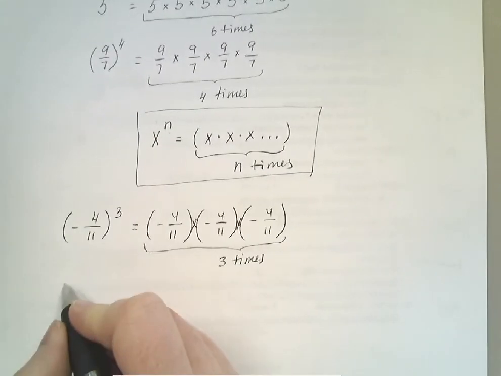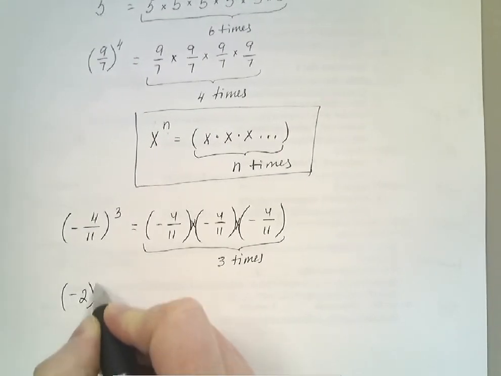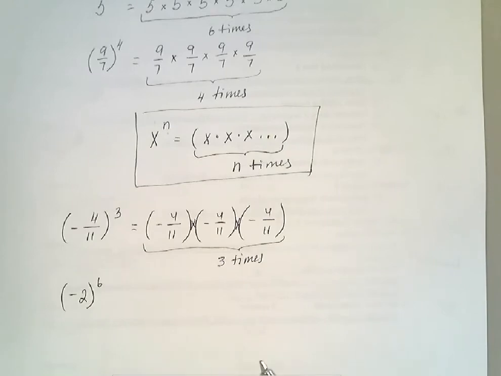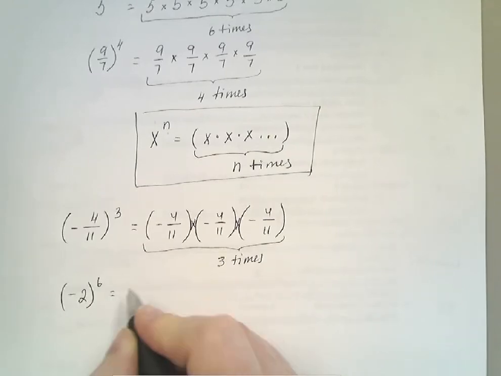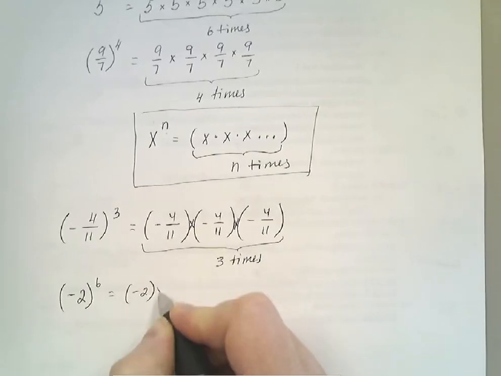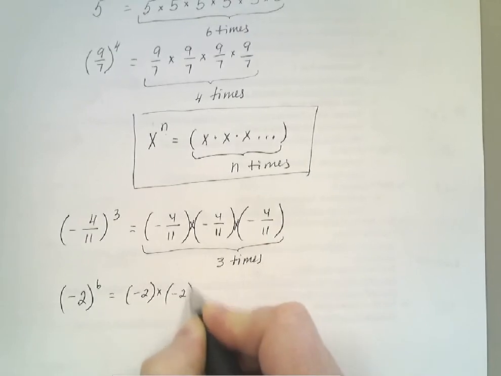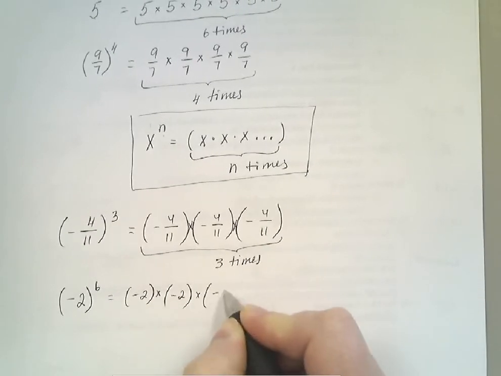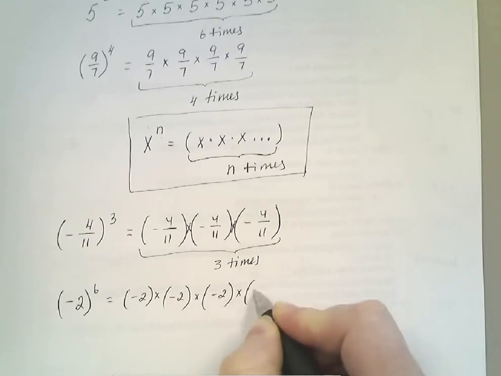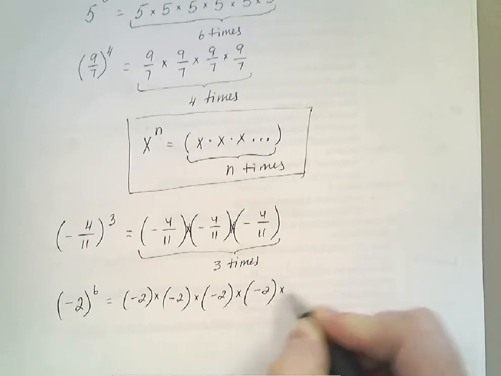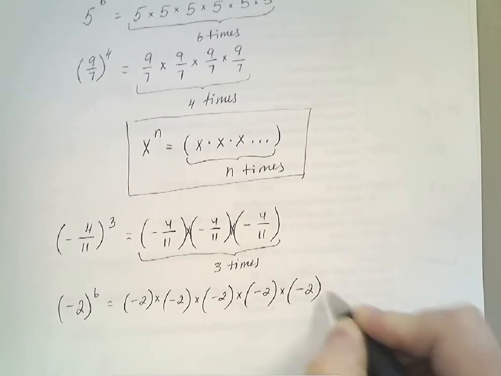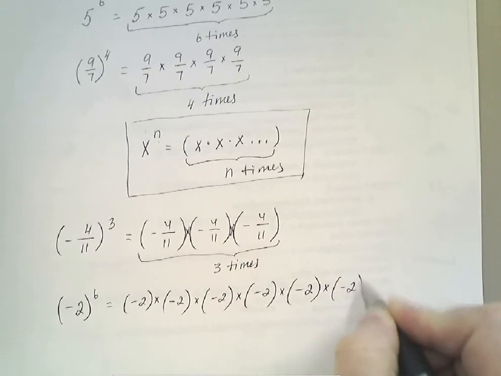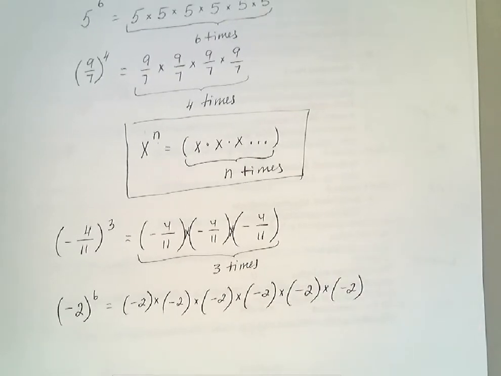What if I have negative 2 to the sixth power? That's exactly the same thing, right? I'm taking negative 2 and I'm multiplying it by itself 6 times. Okay, that is what negative 2 to the sixth power is.